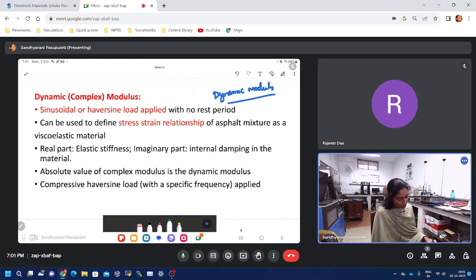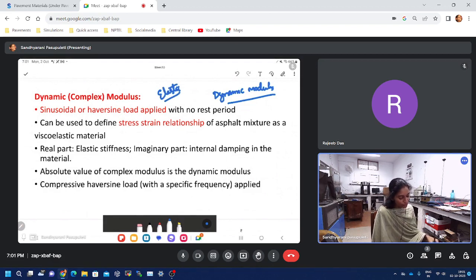Complex modulus, because if we consider the resilient modulus, one of the assumptions is that whatever elastic strain we are assuming at the end of a particular number of loading cycles could only capture the elastic behavior of the material.